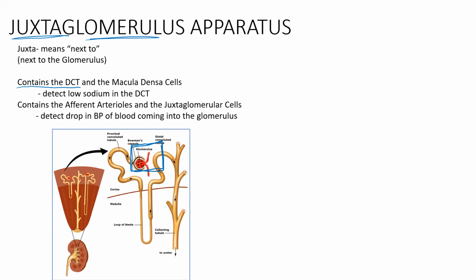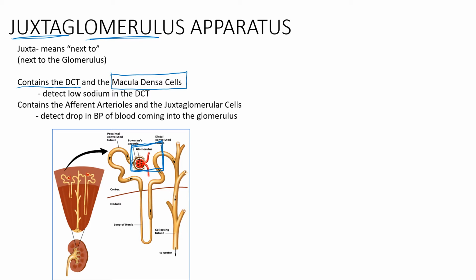It does contain part of the distal convoluted tubule, and the distal convoluted tubule has special cells in it called macula densa cells. These macula densa cells within the distal convoluted tubule detect low sodium. And when low sodium is detected, they communicate with the juxtaglomerular cells to secrete renin.